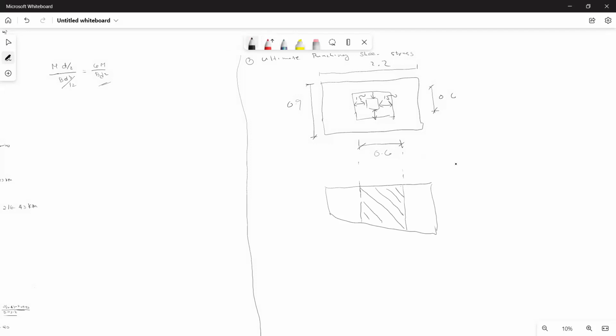Ito ay 216.43, and itong isa ay 329.43. Okay, so let us get the distances. Anong distance na ito? That is 0.8 meters. And this one is 1.4 meters.